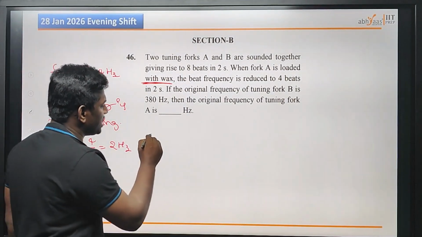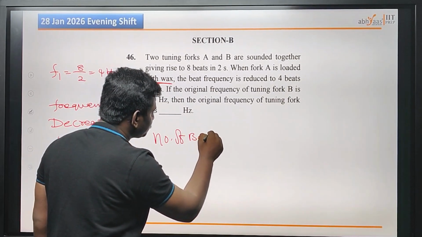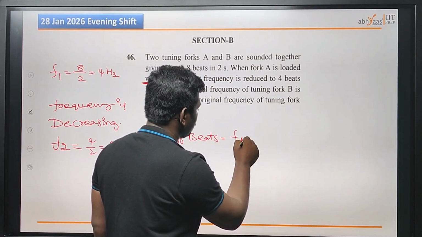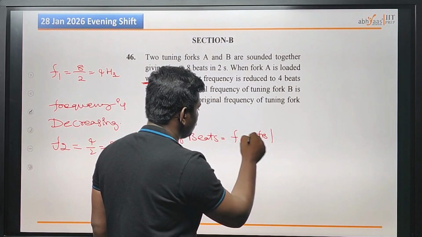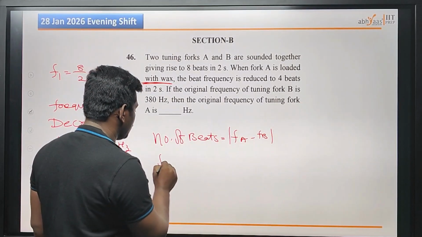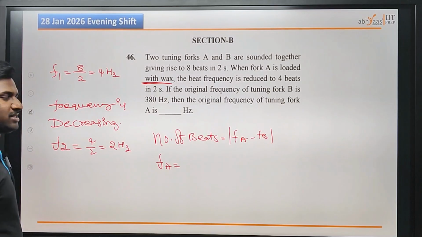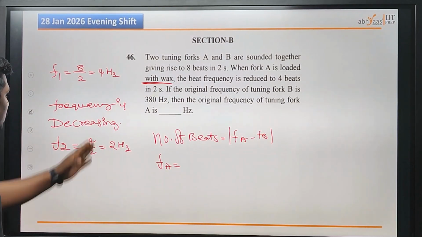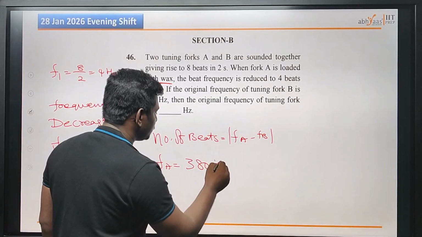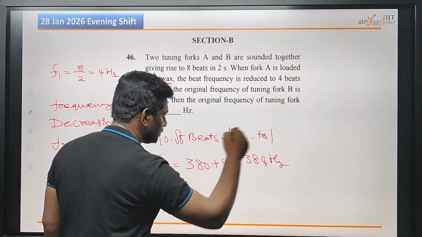So the number of beats can be written as modulus of FA minus FB. You have to find A. FA equal to number of beats, plus condition, minus condition. Take this one, 4. So 380 plus 4 is nothing but 384 Hz.